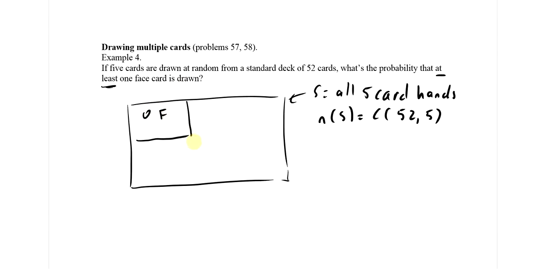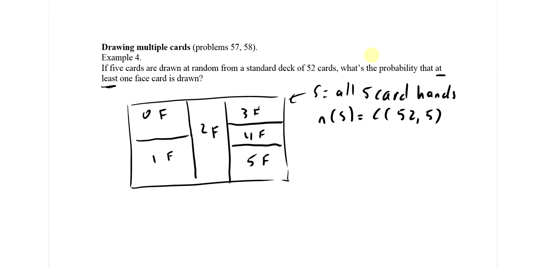F for face card. You could get 1 face card, 2 face cards, or 3, or 4, or 5 face cards. So if you're drawing 5 cards at random from a standard deck of 52 cards, you either get no face cards, or 1, 2, 3, 4, 5 face cards.